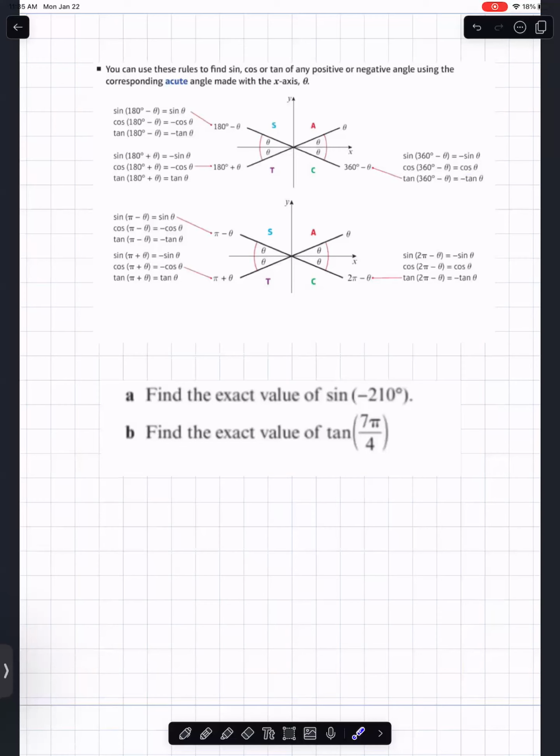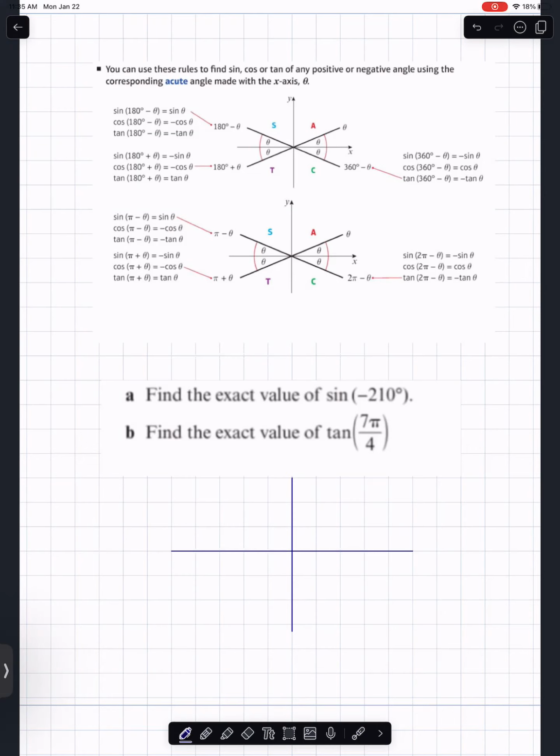So how do we resolve when this is negative? Simply, we can draw our quadrants. It's optional if you want. It's not compulsory. You can solve it without drawing this. So we are looking at sine of negative 210 degrees.